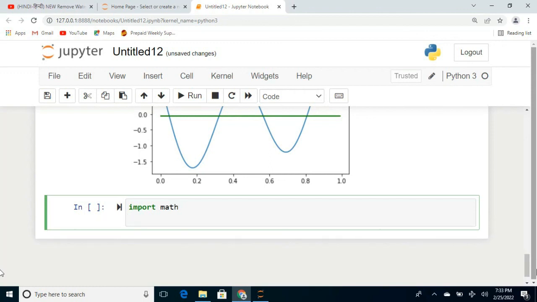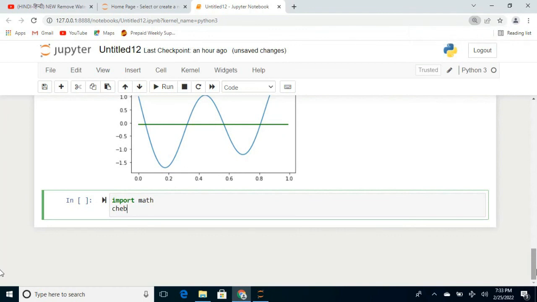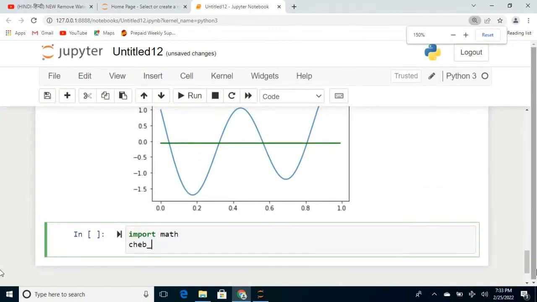Then we will write Cheb underscore bound, sorry, Chebyshev underscore bound.